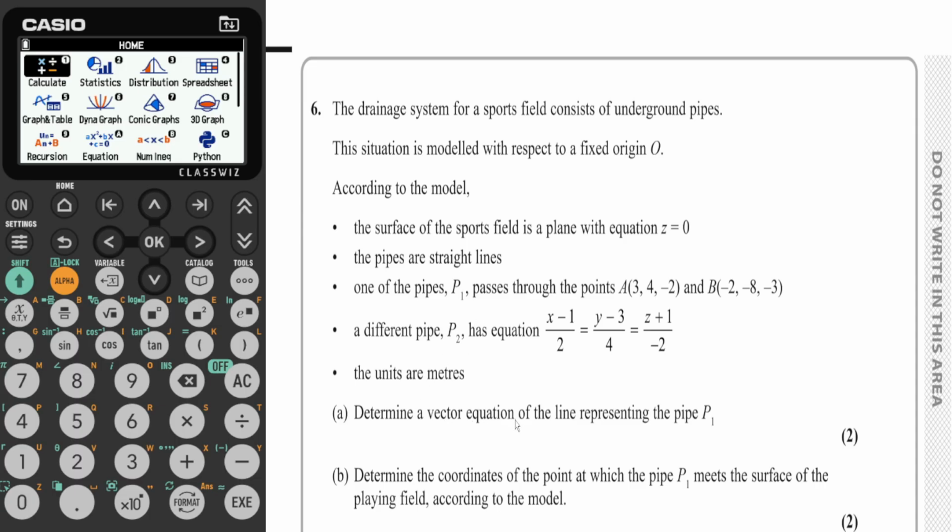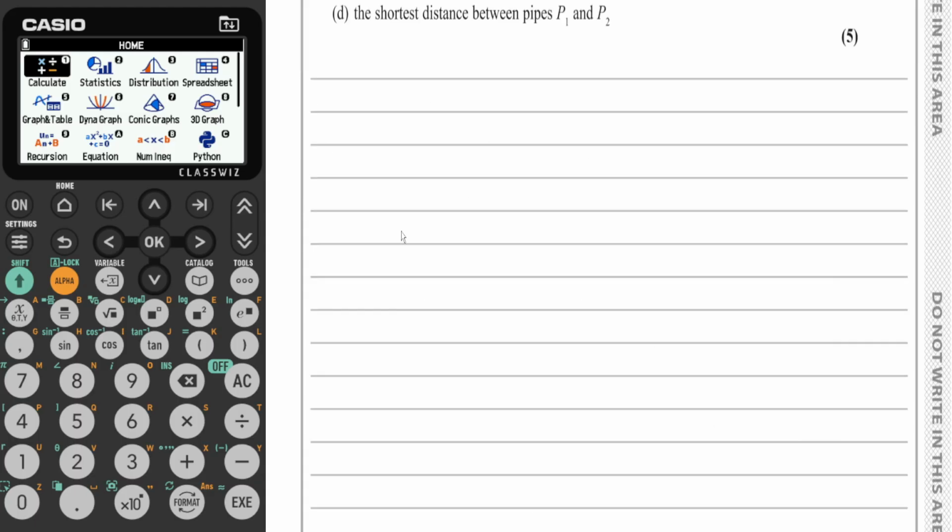Part A, determine a vector equation of the line representing the pipe P1. For us to do this question, we need to first of all work out the direction vector. So we can work out the vector BA. That's OB take away OA.